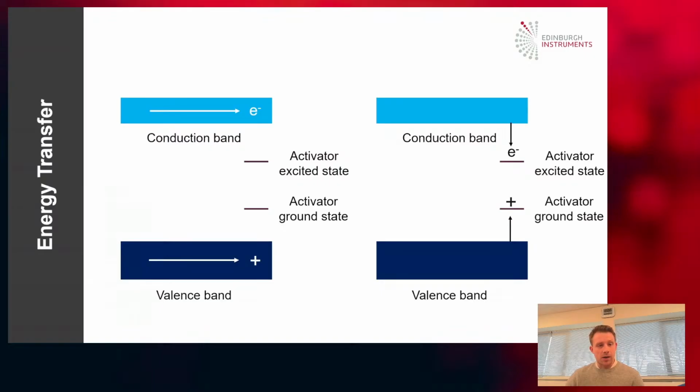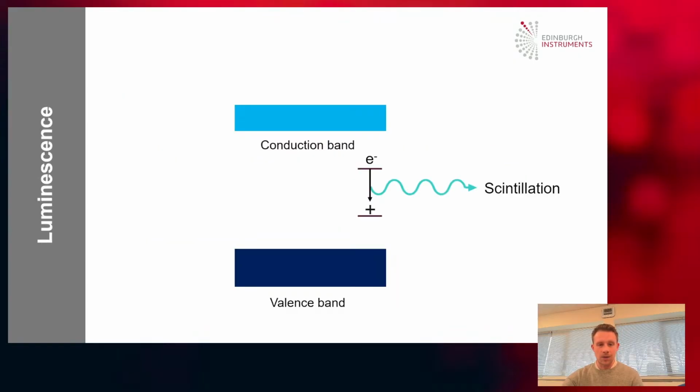Next, energy transfer happens. These electrons and positive holes will migrate through the material until they reach an activator, which is a defect or a dopant. These are introduced because they have energy levels that reside between the conduction and valence bands. Once they reach these, they will drop down and reside in the activator excited state and activator ground state, respectively.